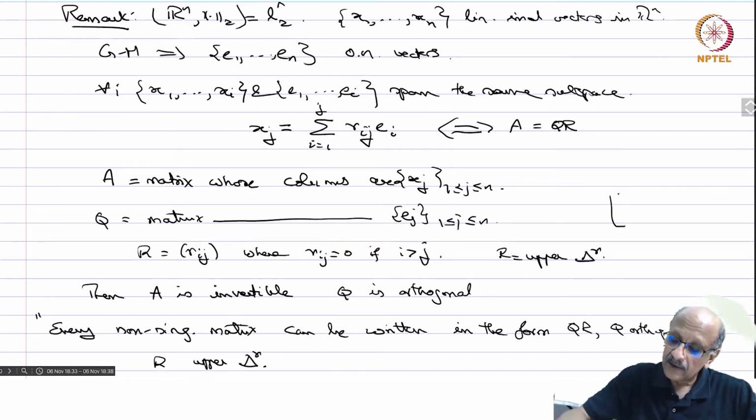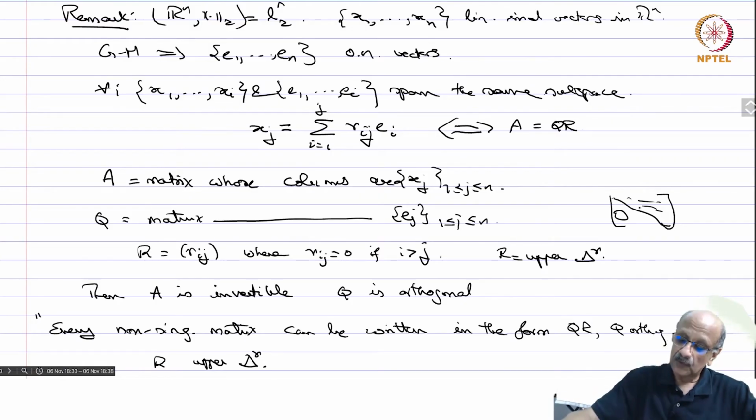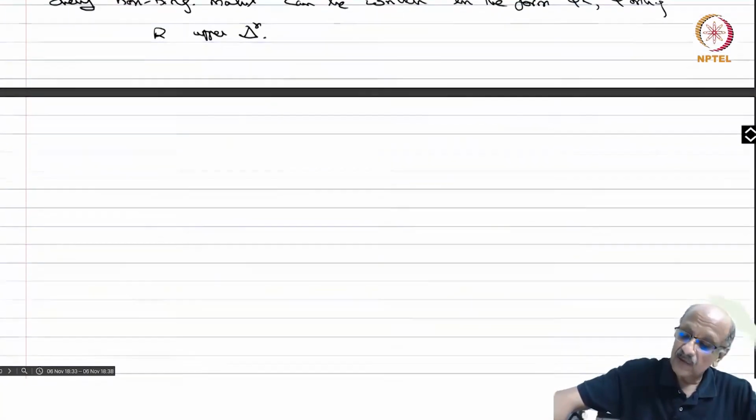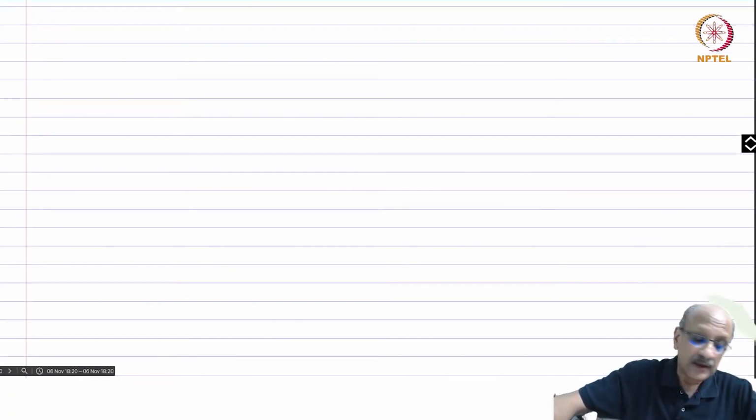Namely, it's a matrix which has elements on and above the diagonal, and below the diagonal everything is 0. So this is a theorem in matrix theory which we have now proved using the Gram-Schmidt orthogonalization process.